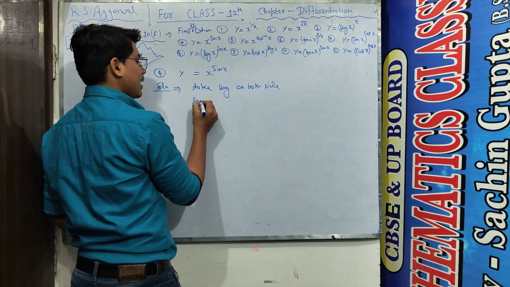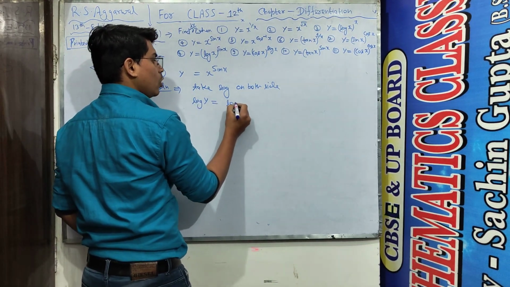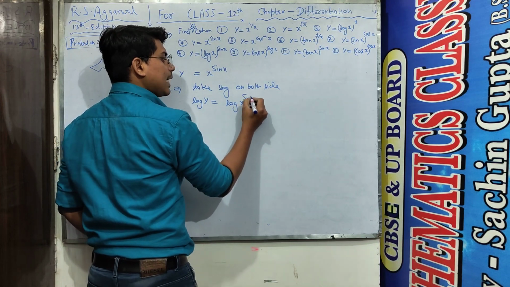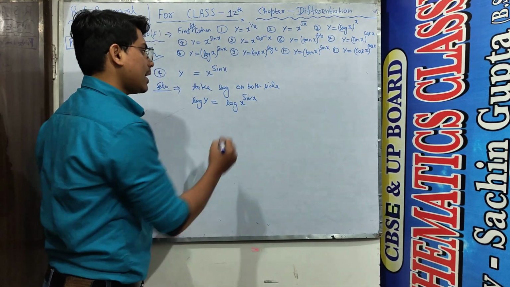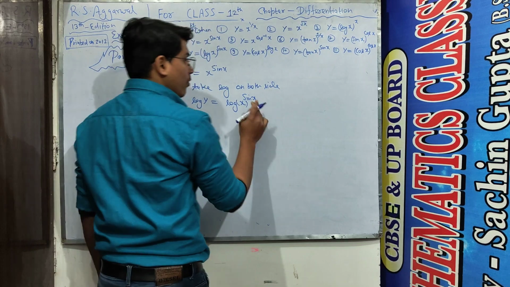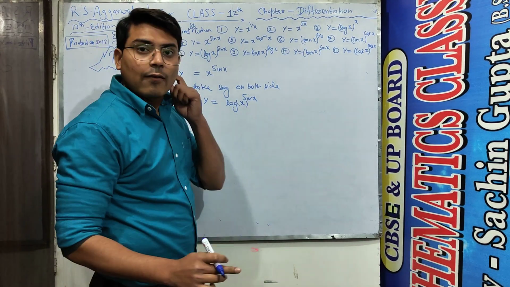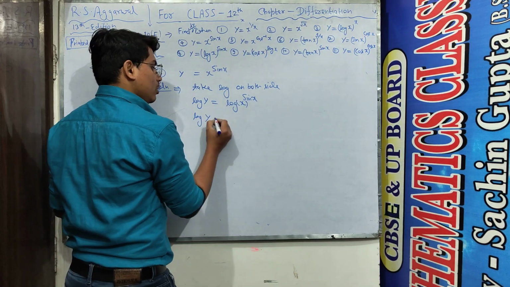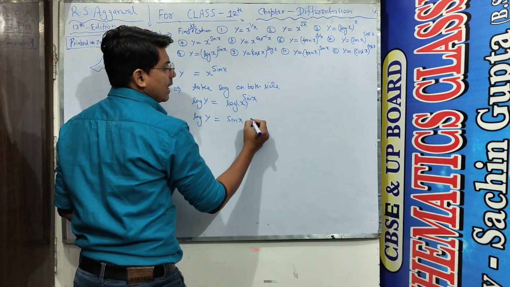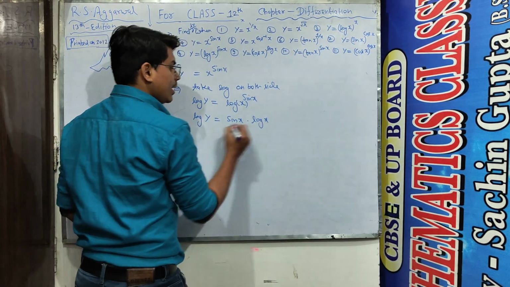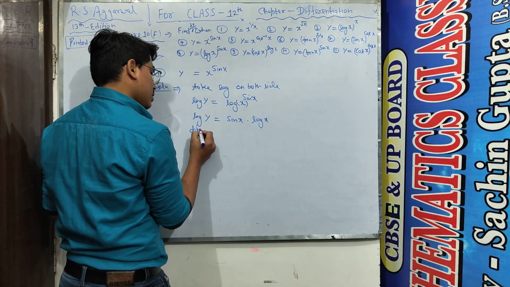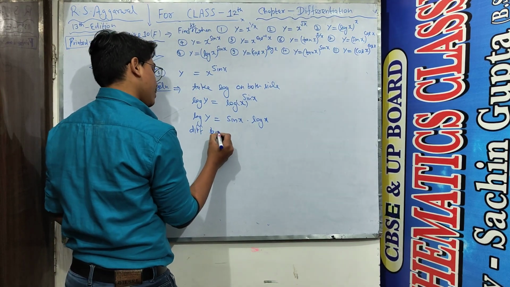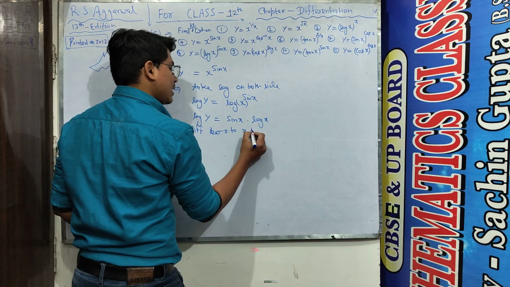Then it becomes log y equal to log of x raised to the power sin x. And we know the power comes in multiplication before the log. So I write sin x into log x, and we differentiate both sides with respect to x. Now we apply d/dx on both sides.